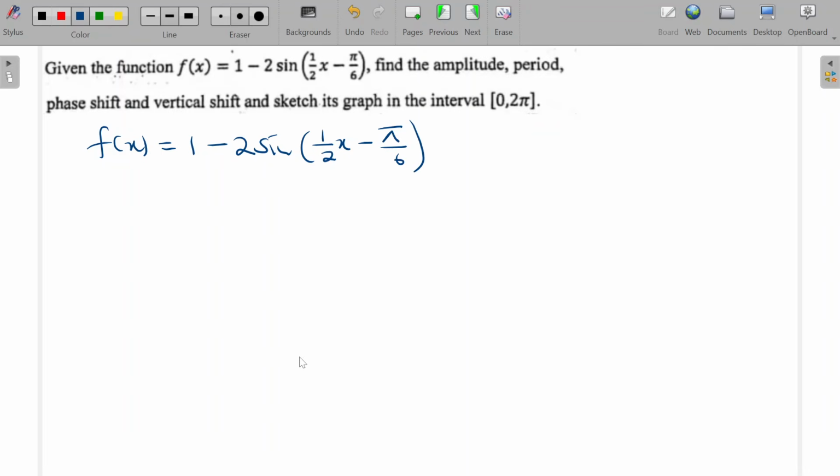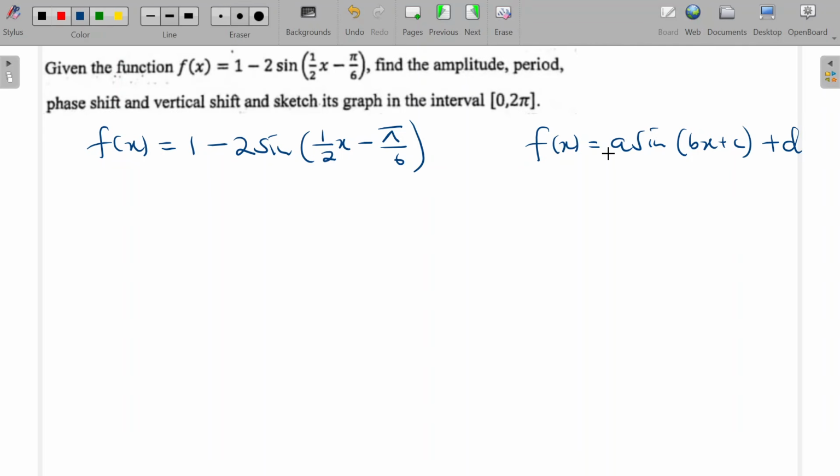Remember last time when I was explaining this, or for those who watched the video, I said that a normal function is usually like this: A sine (Bx plus C), then plus D outside.